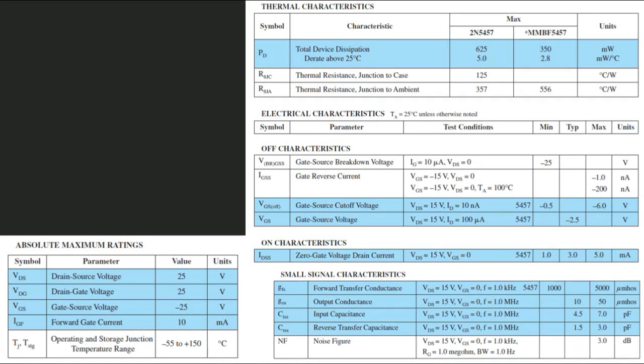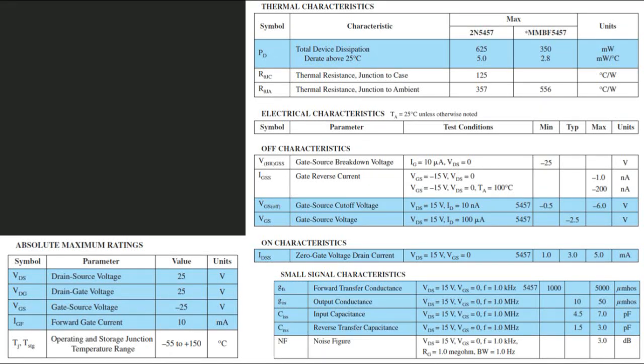Then there are electrical characteristics which are like this: off characteristics and on characteristics. The off characteristics like gate to source breakdown voltage will be this, gate reverse current will be this, gate source cutoff voltage this, gate source voltage this, and on characteristics is zero gate voltage drain current like this.